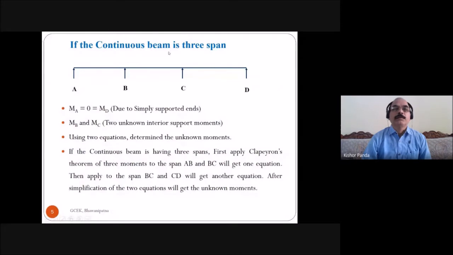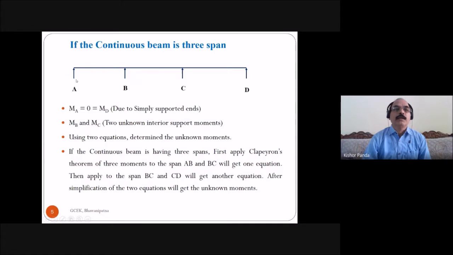If the continuous beam is three span, 1, 2, 3, this is support A, support B, support C, support D, and there is different loading. At the end support, if simply supported, the moment is equal to 0. So this is a simply supported end and this is also a simply supported end.